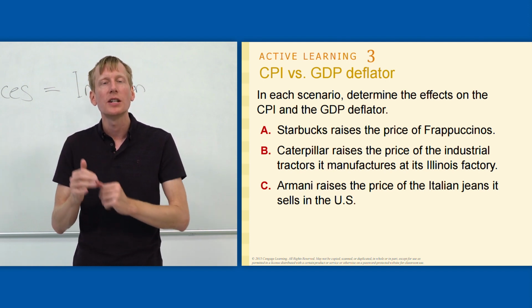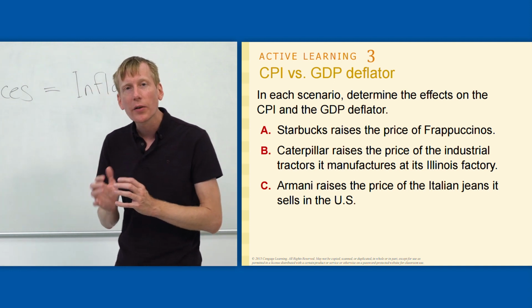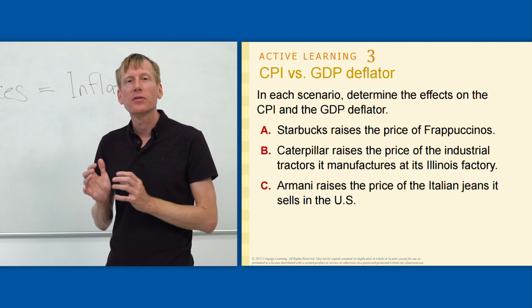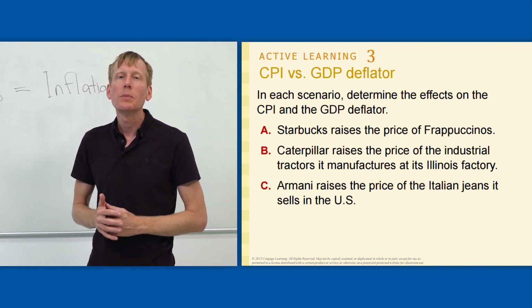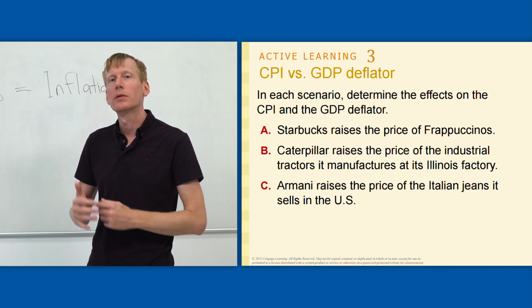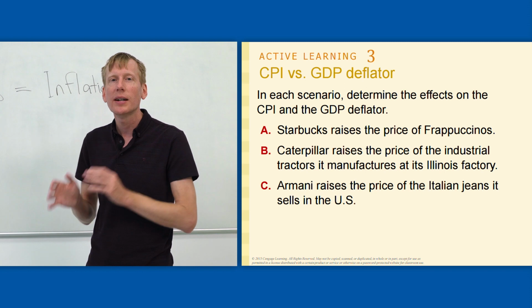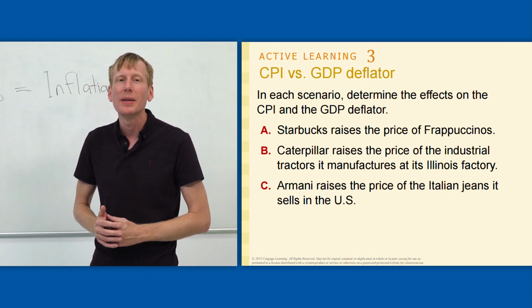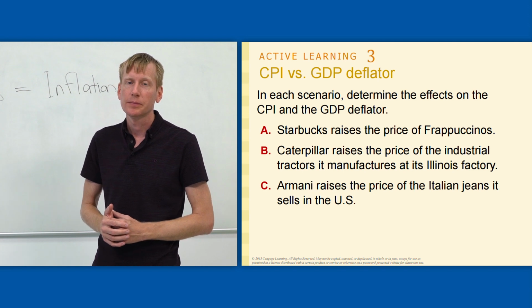That's the component of GDP that it's part of, the I rather than the C. As a result, it should factor into the GDP deflator's calculation of the inflation rate, and it shouldn't factor in to the CPI calculation of the inflation rate. So when Caterpillar raises the price of industrial tractors that they make, this causes an increase in the GDP deflator inflation rate. It does not have any impact on the CPI inflation rate because consumers don't buy these things.